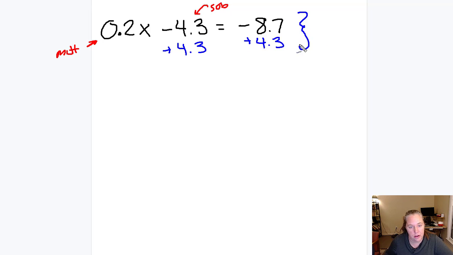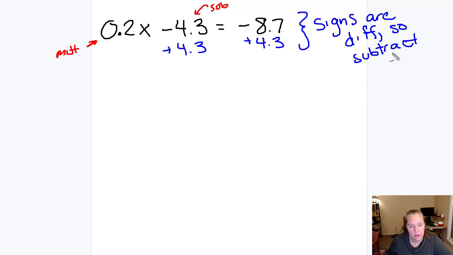Okay, over here, signs are different. So we're going to subtract. So 8.7 minus 4.3, 7 minus 3 is 4, 8 minus 4 is 4, and keep the sign of the bigger number, so negative 4.4 equals 0.2x.